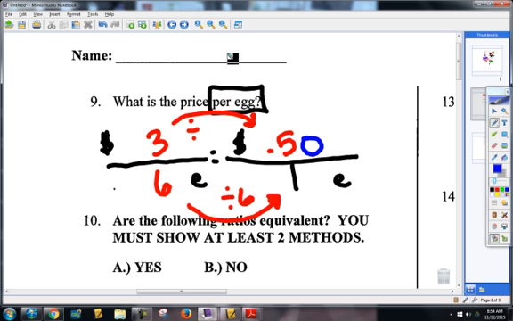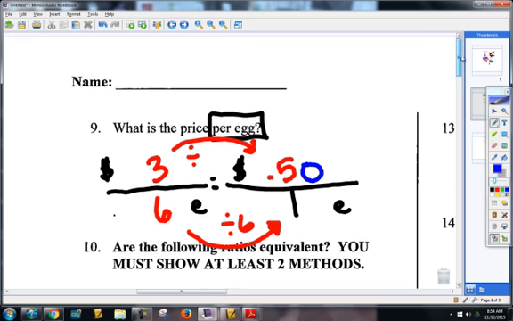So, now the other part to this, you had to select which one you felt made more sense. What do you guys think? The first. Here's the deal, guys. They both make sense equally. Now, this one makes perfect sense here because is it a good idea to figure out the unit price? The unit price is always going to make sense.